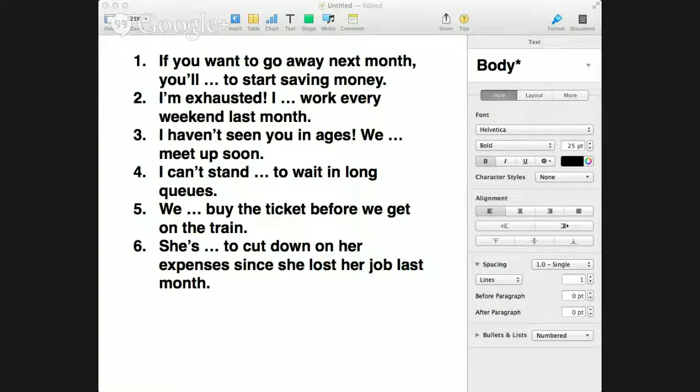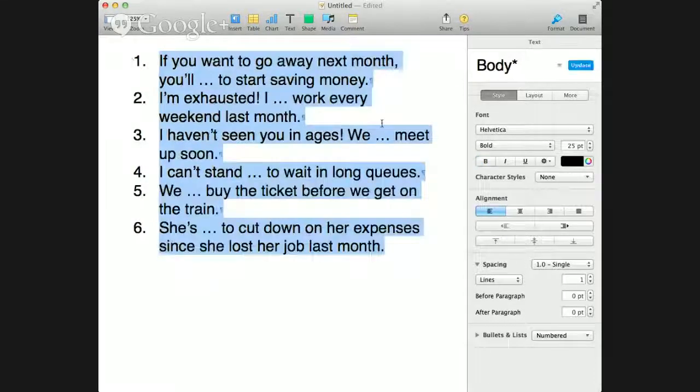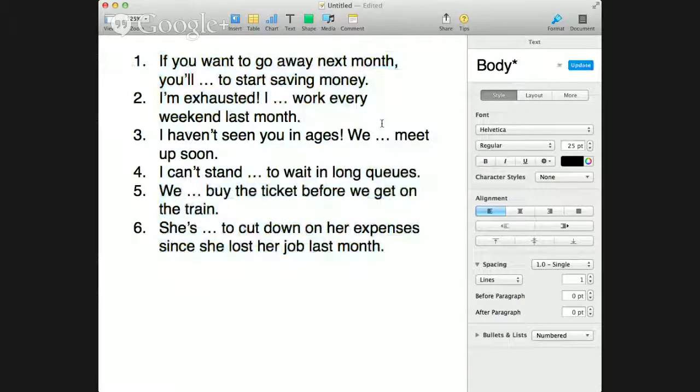Let's start from Alberto this time. Alberto, could you do number 1 for us, please? If you want to go away next month, you have to start saving money.